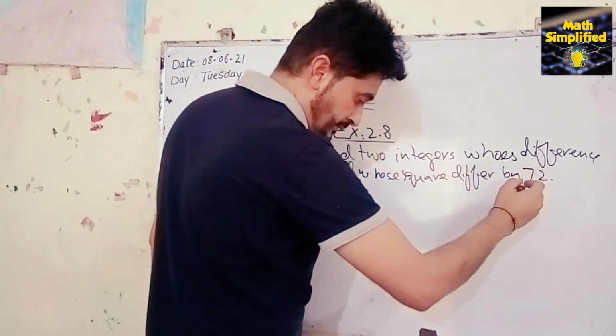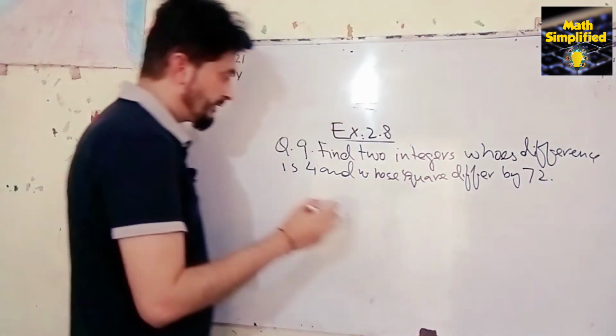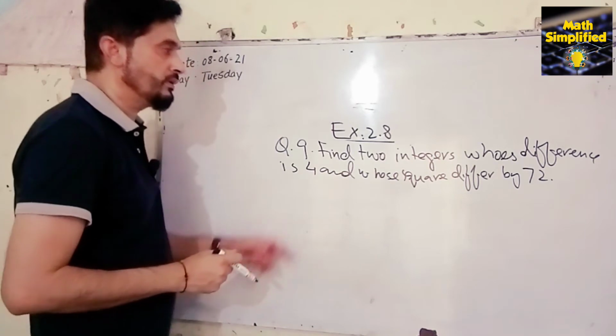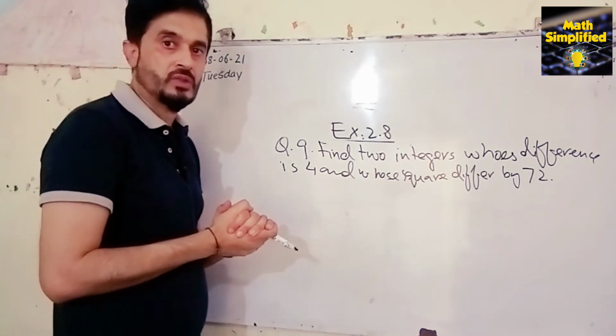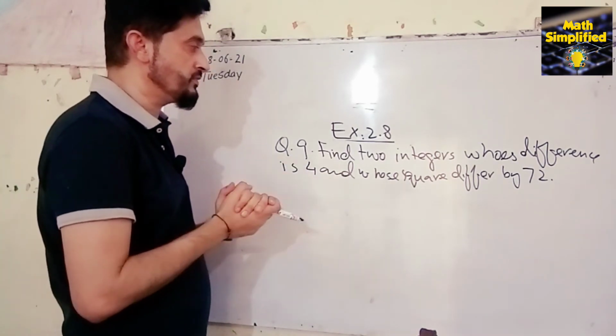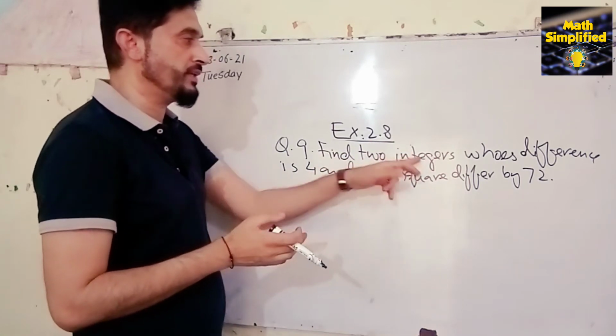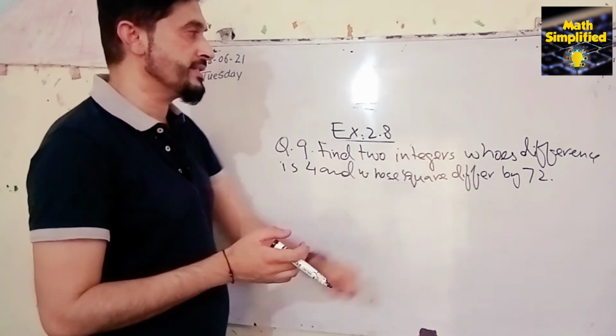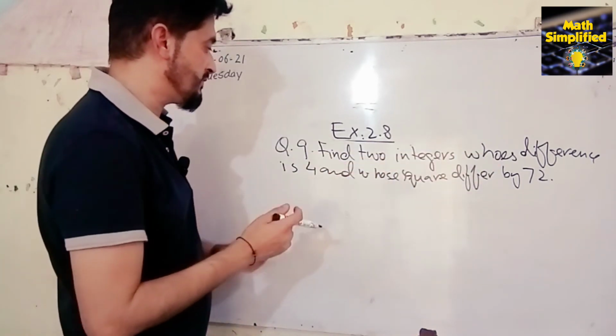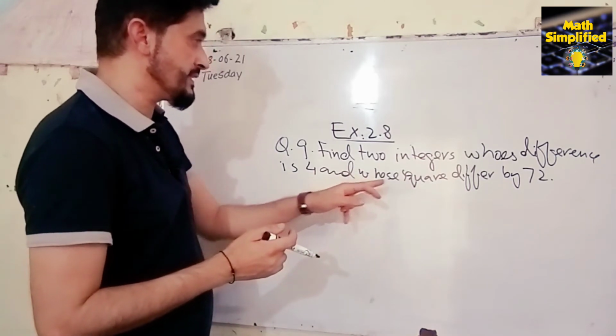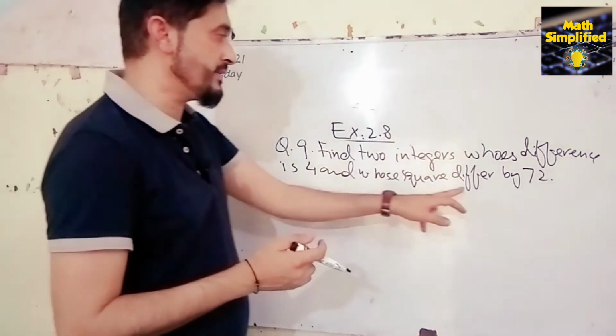Find the numbers. So according to the question statement, we have to find two integers whose difference is 4 and whose squares differ by 72.